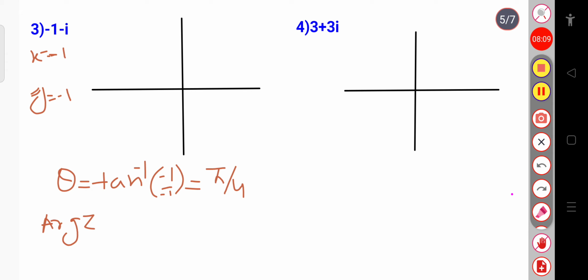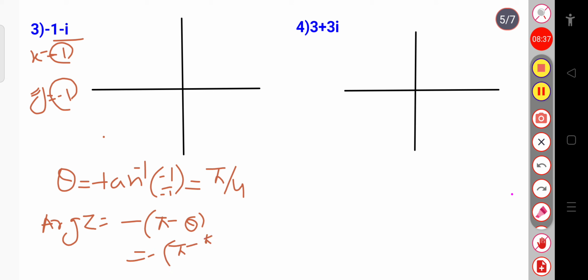So from this you can calculate the principal argument of z. Since the value of x is negative and y is negative, no doubt the complex number minus 1 minus i will lie in the third quadrant. So in the third quadrant, the argument of z will be minus of pi minus theta. So this will be equal to minus of pi minus pi by 4.